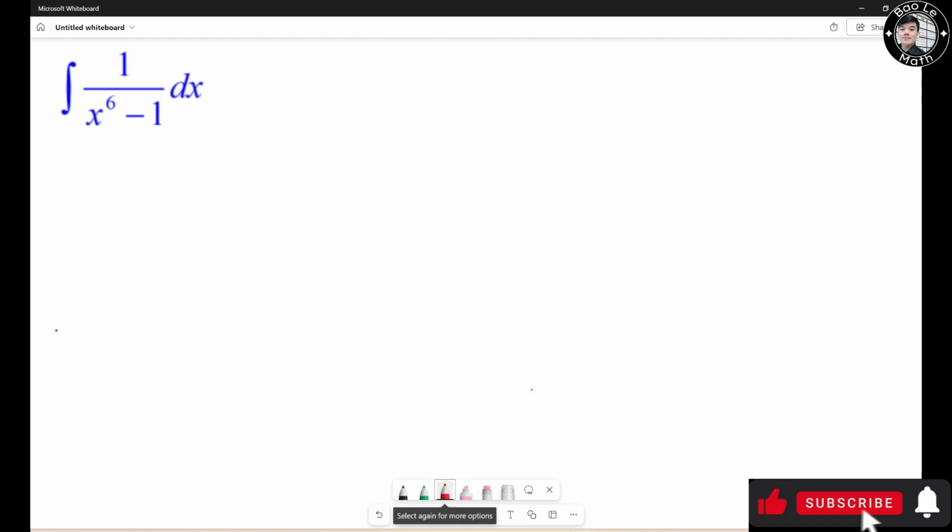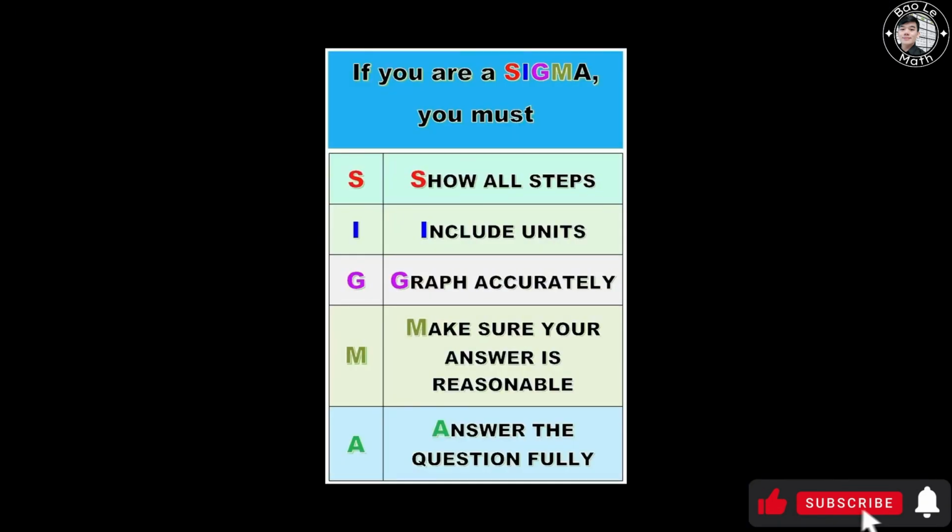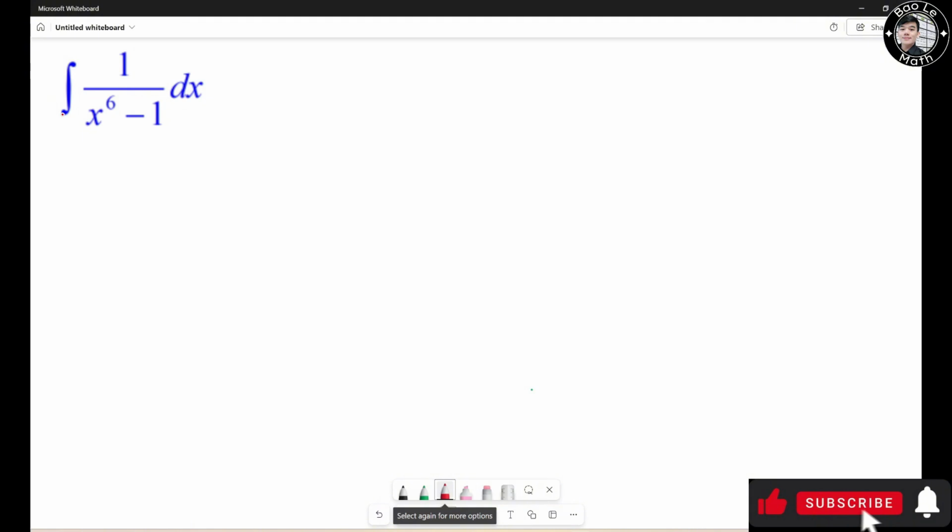We're going to learn how to integrate 1 over s to the 6th minus 1 ds. Alright, so we see that this is the power 6. We need to bring this power down by using the difference of 2 squares.